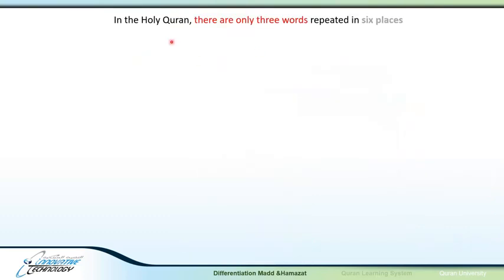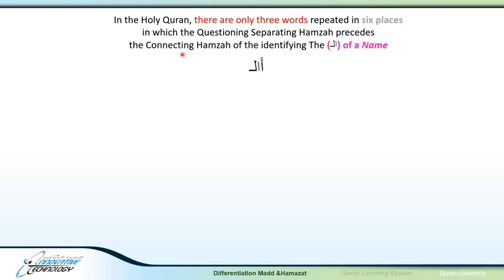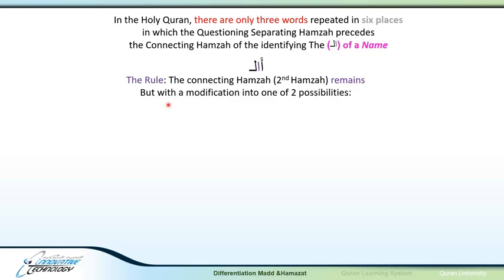In the whole Holy Quran, there are only 3 words that are repeated in 6 places in which a questioning separating hamza precedes the connecting hamza of al-ta'rif, the identifying "the" of a name, "al". And the Tajweed rule for such a scenario is that the second hamza, the connecting hamza, would remain but would be modified into one of 2 possibilities.